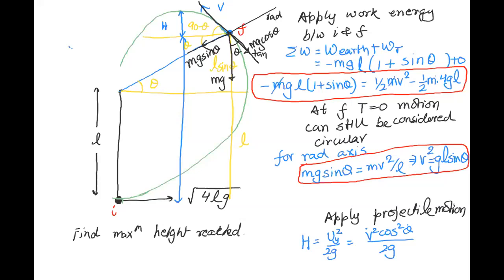M cancels. From here, what is the value of v square? From here, the value of v square is gL/2 minus gL(1 plus sine theta), and this same v square value should equal gL sine theta here, right? So I am equating the two equations in the red boxes.